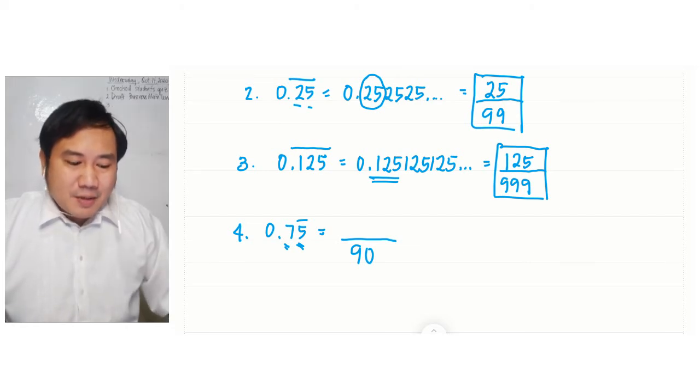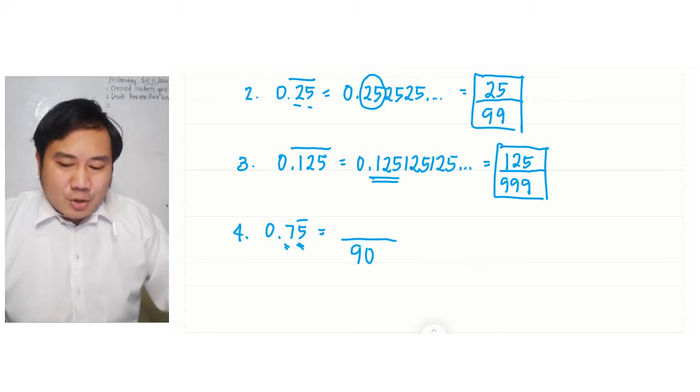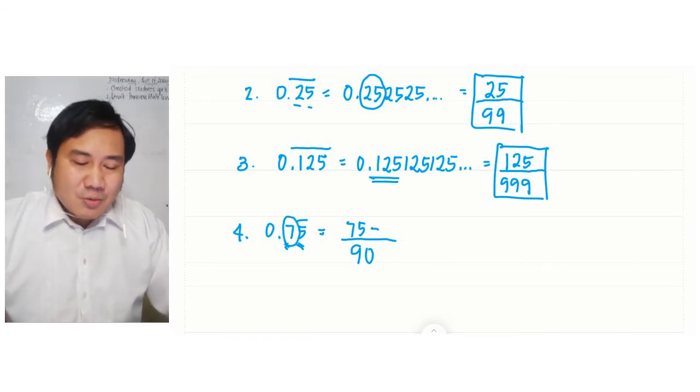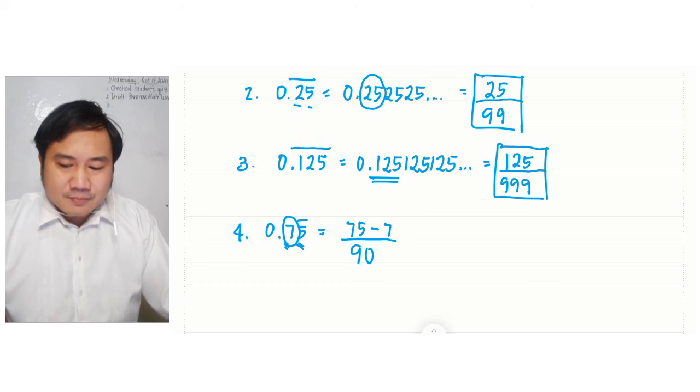Okay. Next, pagdating sa numerator, you're going to write this 7 and 5 on your numerator. Minus dun sa number na hindi nauulit, which is 7. So, 75 minus 7 is equal to 68/90.